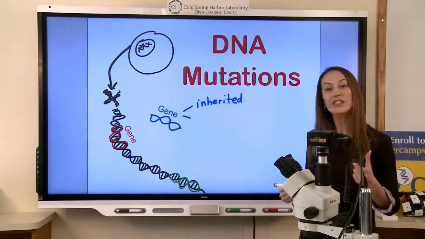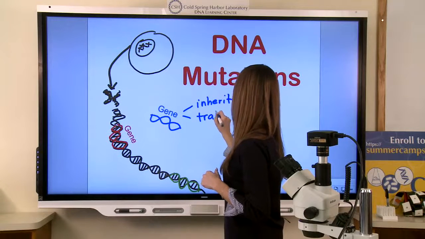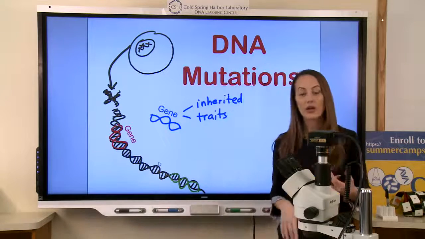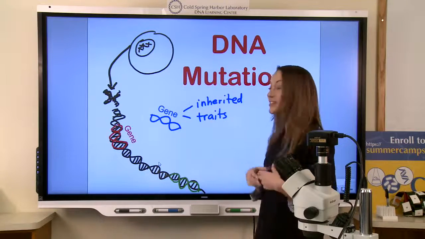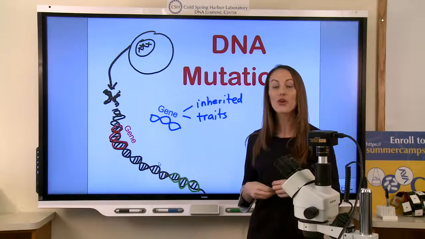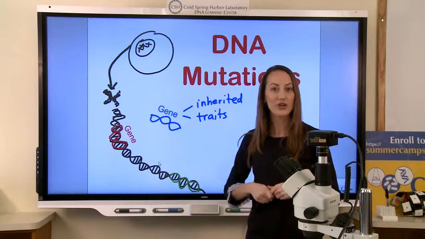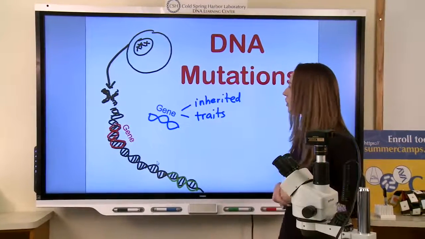Our genes basically code for our traits. Think of some of the traits that you've inherited from your biological parents. Things like hair color, eye color, widow's peak, skin tone, lots of different things. Those are just the physical traits that we have on the outside, but there's also genetic traits about how our body works as well.